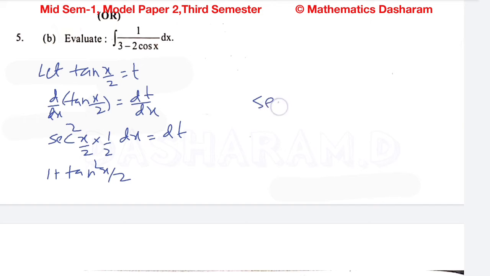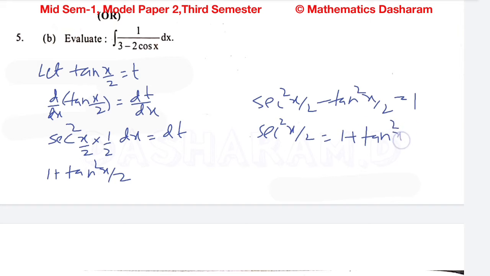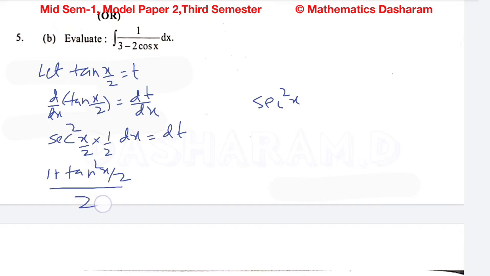Why? Because we have one identity: secant square x by 2 minus tan square x by 2 equals 1. So from this, secant square x by 2 equals 1 plus tan square x by 2.